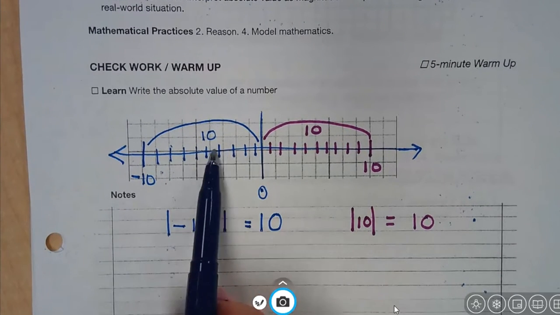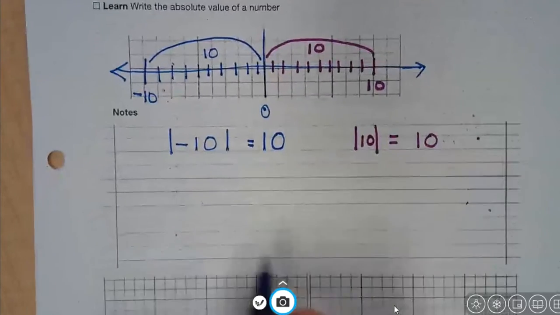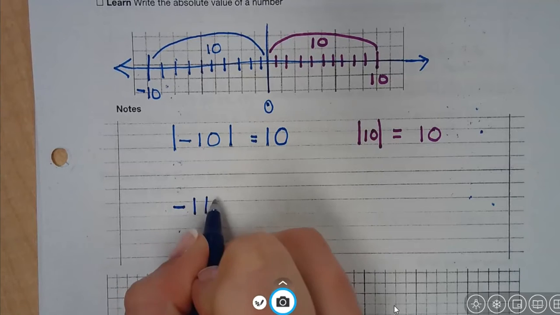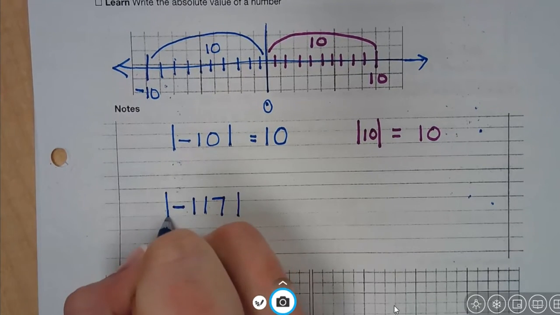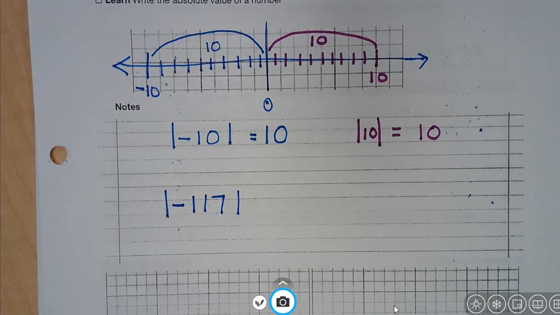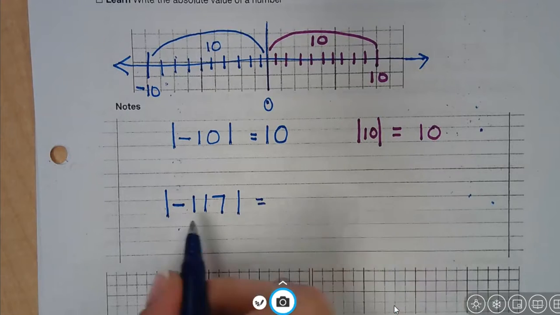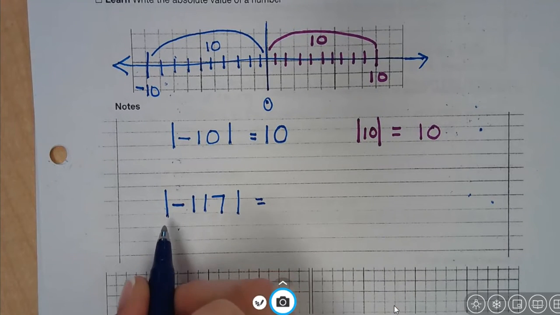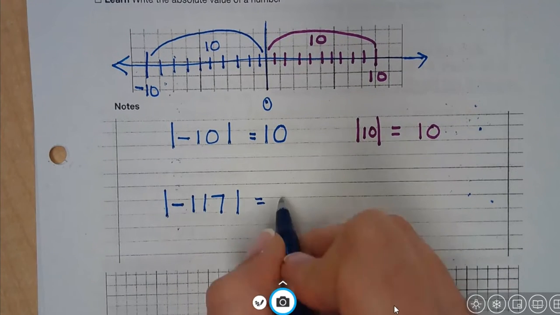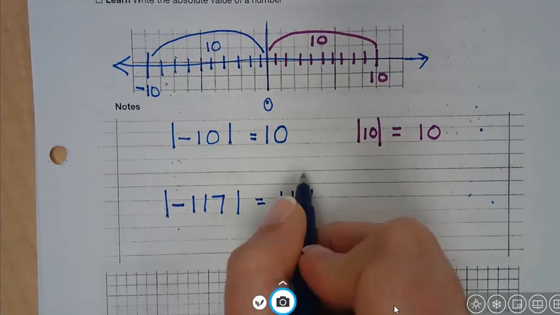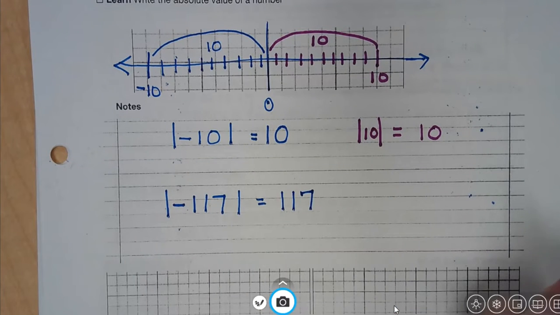Okay, you don't necessarily have to draw a number line to figure this out. So if I said I have the absolute value of negative 117, and I said, how far away is that from 0? You could draw out a number line, or you could say, well, negative 117 is 117 away from 0, so you'd just write 117, and that would be your answer.